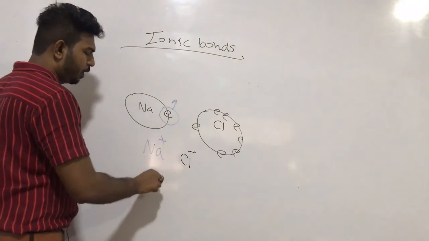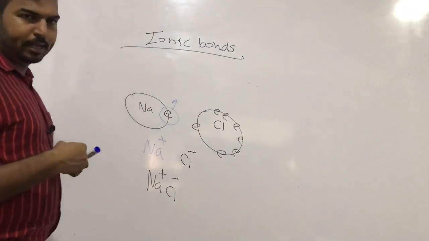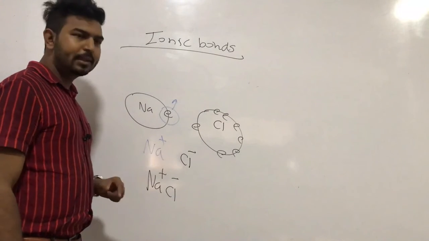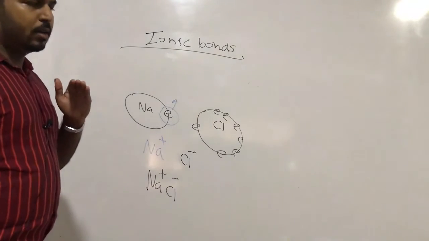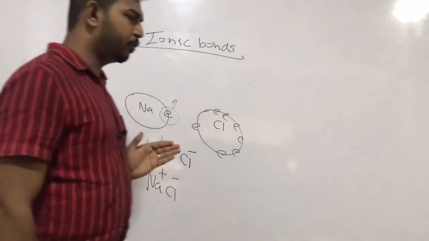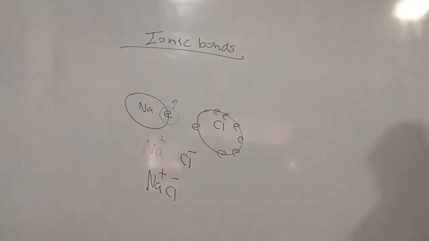The attraction force between Na plus and Cl minus is called the ionic bond. The electrostatic attraction force between the plus ion and the minus ion is called the ionic bond.